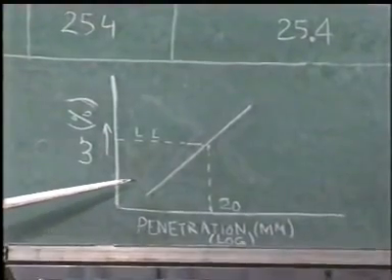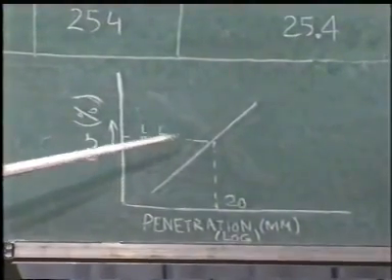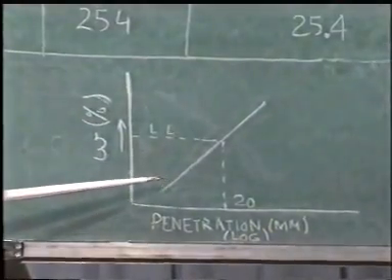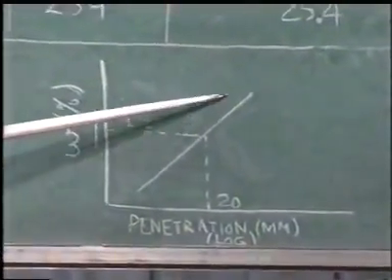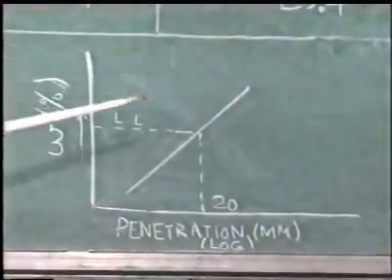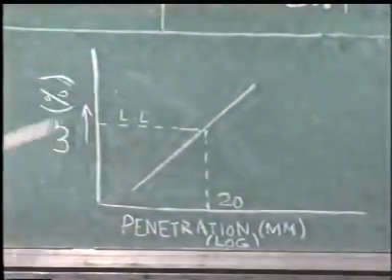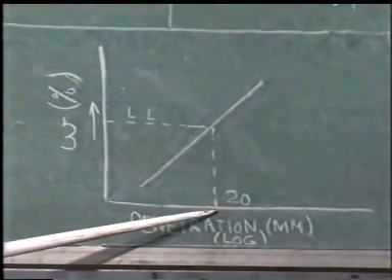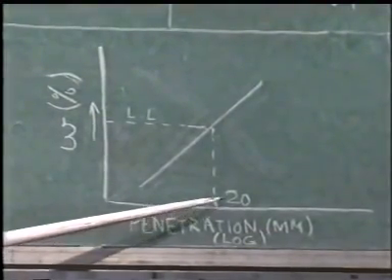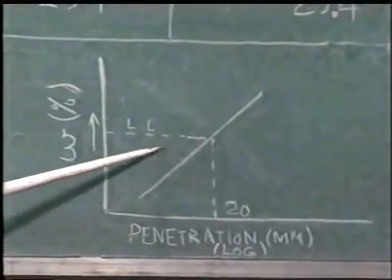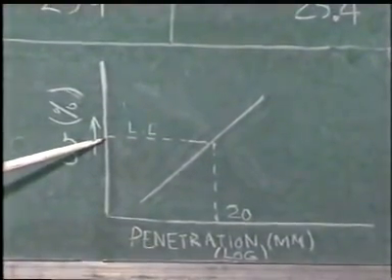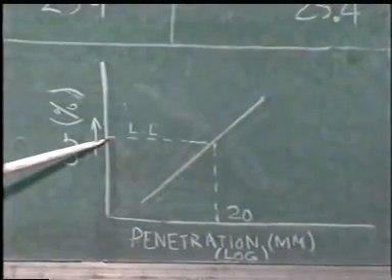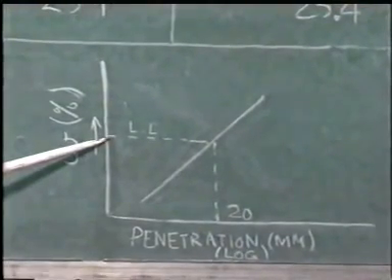Now the different points which are plotted, they are joined, and mostly a straight line relationship between water content and penetration is obtained. Now from this graph, corresponding to a penetration of 20 millimeters, you can note down the water content. This water content denotes the liquid limit of the soil sample.